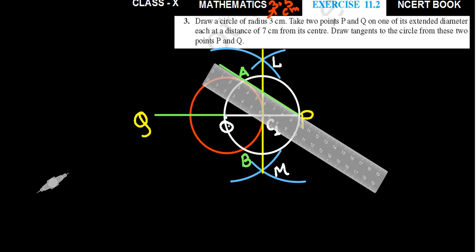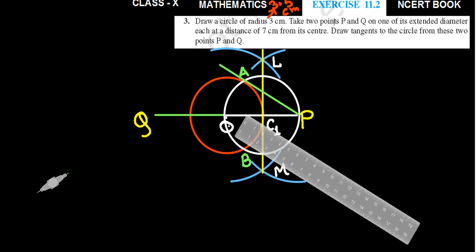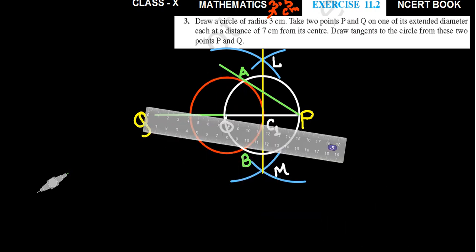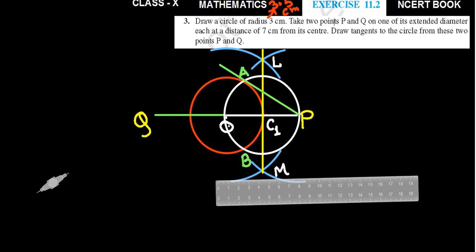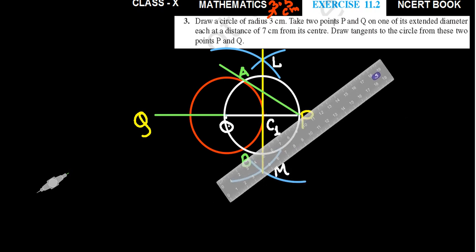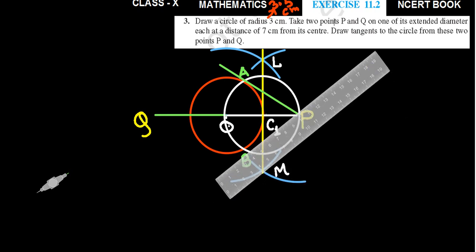Okay, AP. So you have got a tangent, so a tangent AP, and similarly if you join BP, you will get another tangent to the circle.